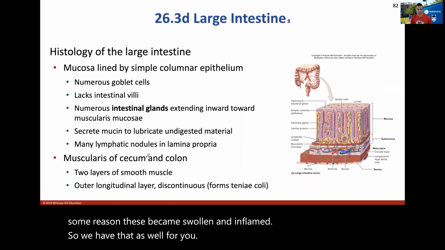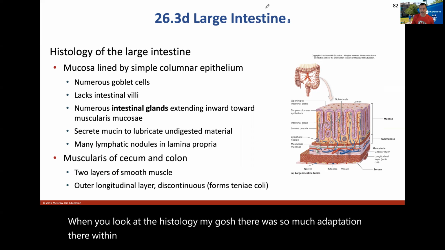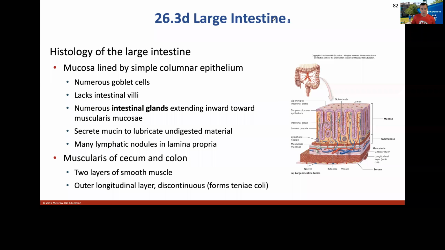When you look at the histology, there was so much adaptation within the small intestine, and there's not as much adaptation here. Here, the histology is really muted.